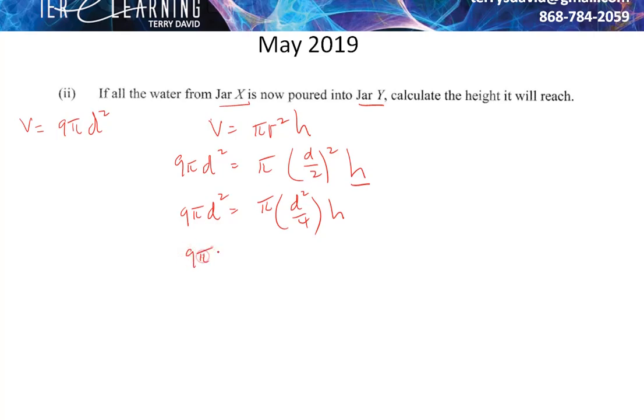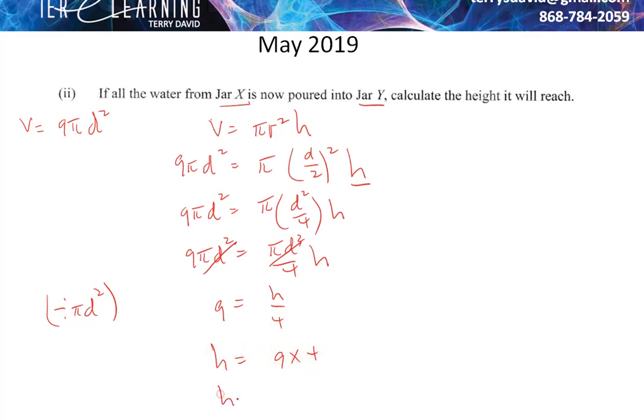Now you have pi d squared here and pi d squared here. So if we divide both sides of the equation by pi d squared, I'm going to end up with 9 is equal to h over 4. Therefore h is equal to 9 multiplied by 4, and therefore h is equal to 36 cm. All right.